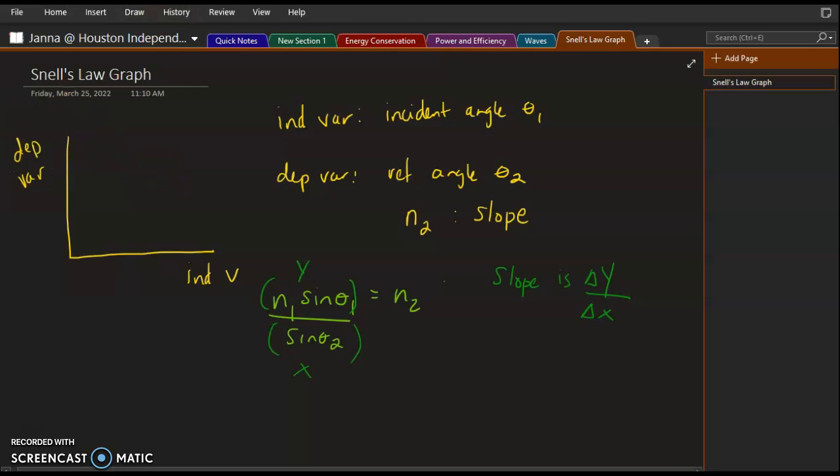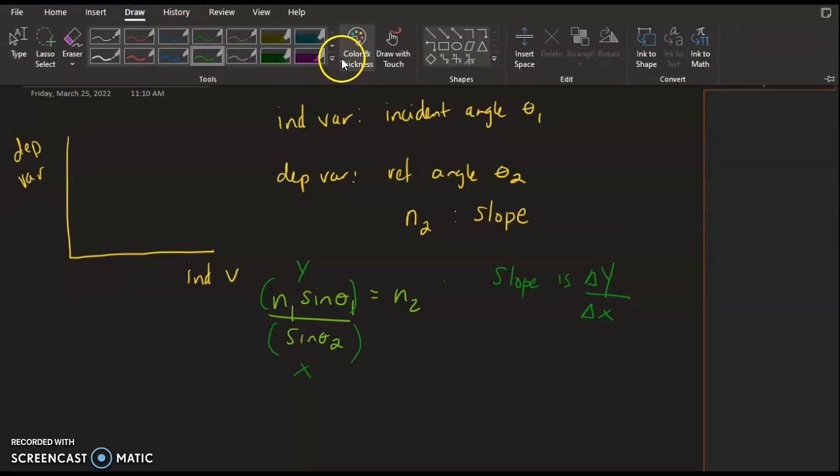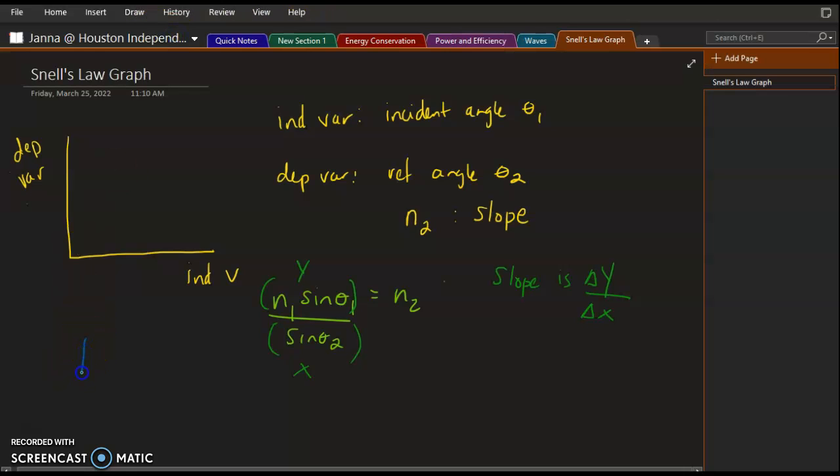So rather than plotting my dependent variable sine theta 2 versus the independent sine theta 1, we're going to invert that. So for this graph, to get N2 from our slope, we are going to plot N1 times sine theta 1 versus sine theta 2.